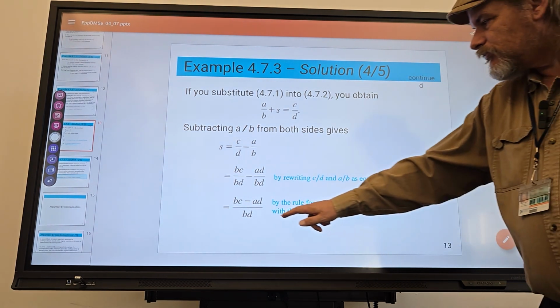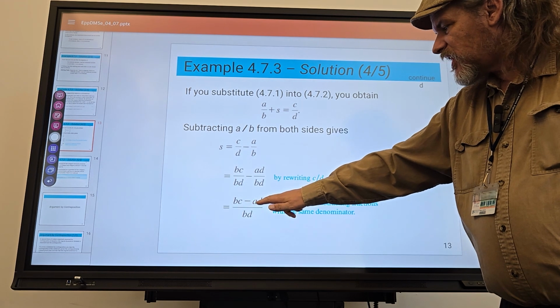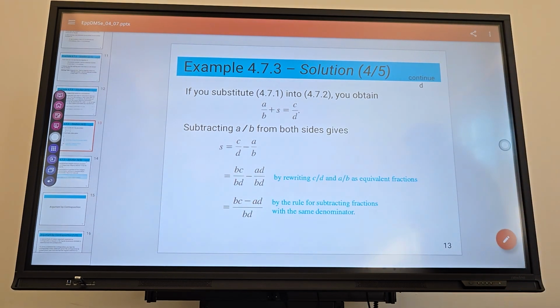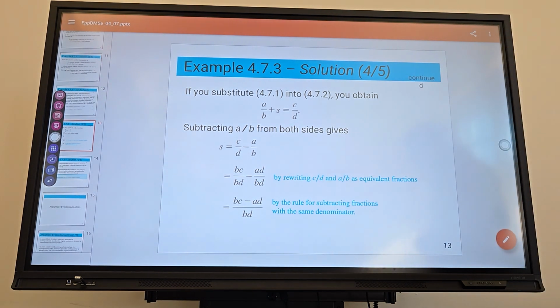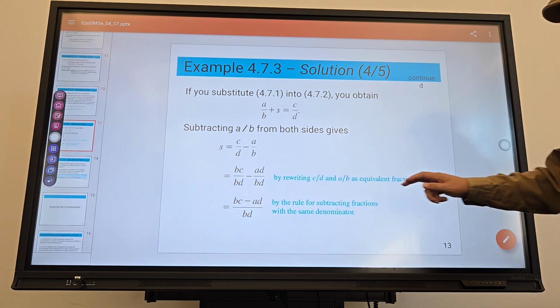But bc minus ad is an integer because multiplication and subtraction of integers is still an integer. And bd is also an integer because multiplication of integers is an integer. So this is a rational number.